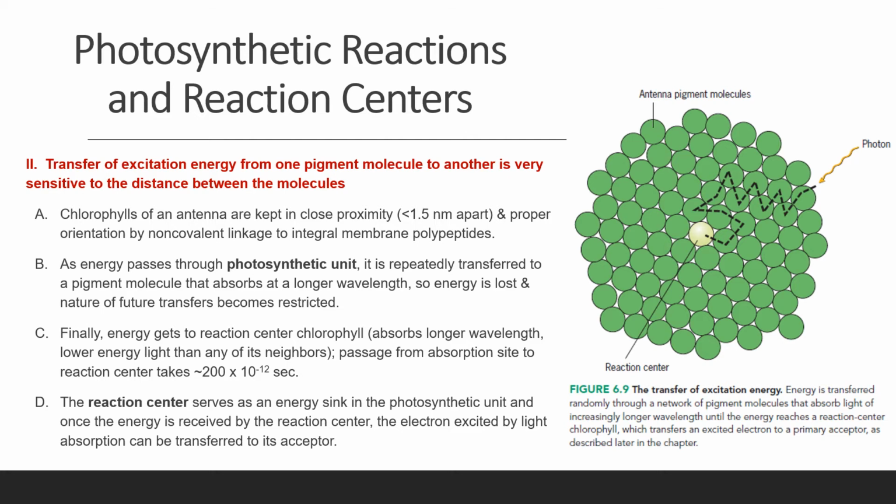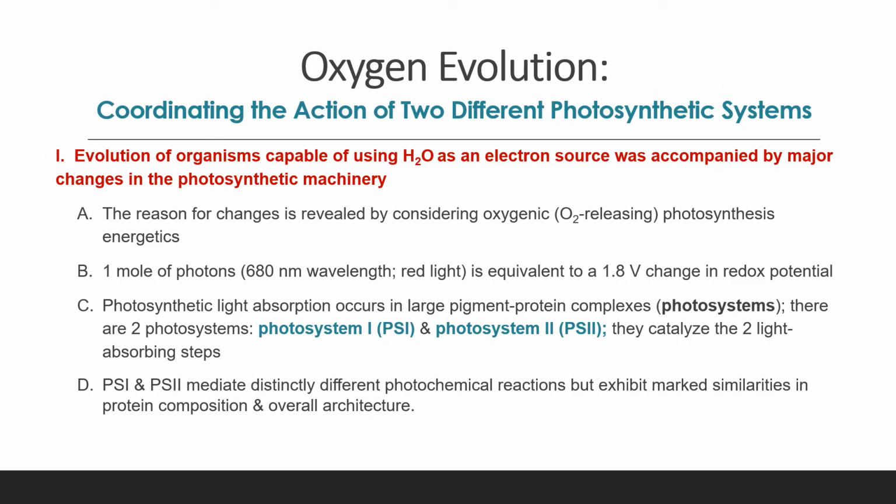Okay. So next we have the oxygen evolution. We will be discussing further the coordination of the action of two different photosynthetic systems. Okay. So the evolution of organisms capable of using water as an electron source was accompanied by major changes in the photosynthetic machinery.